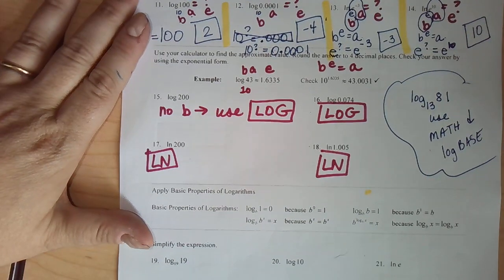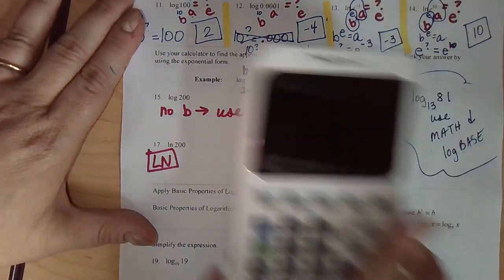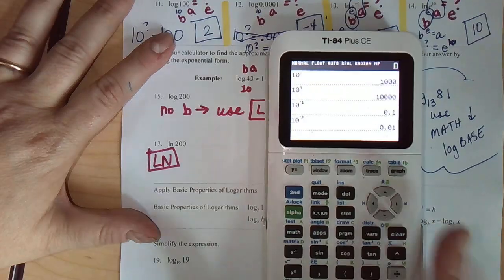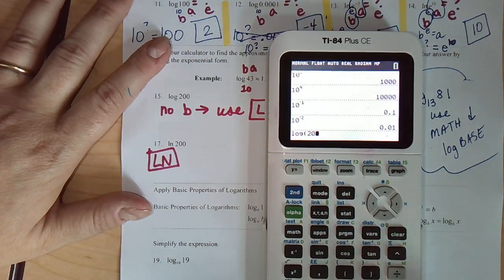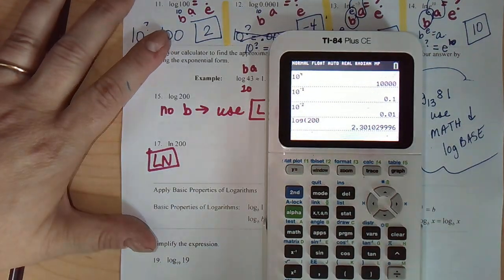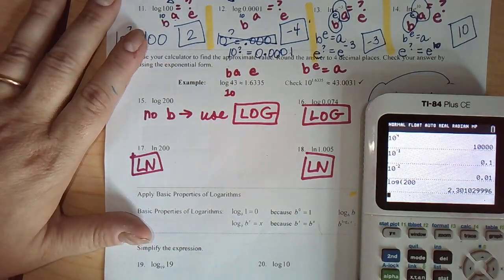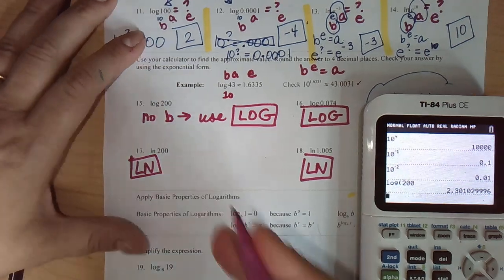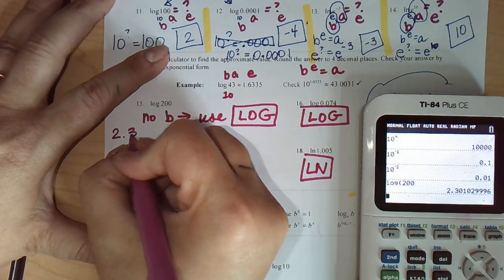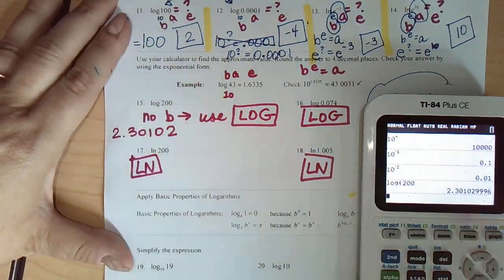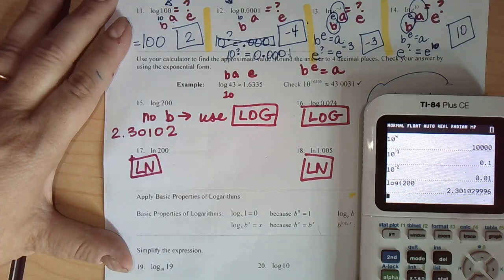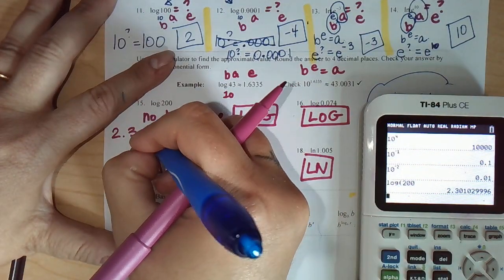All right, so in our calculator for 17, we're just going to type, hey, log 200. And we're going to round it to 4 decimal places. So that means I need 5 to the right of the decimal. 2.30102. That's 5 decimal places. Now let's round it to 4.